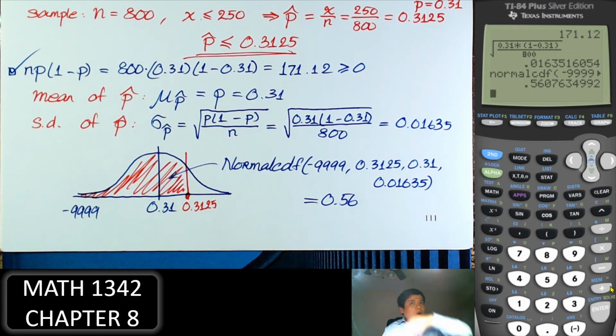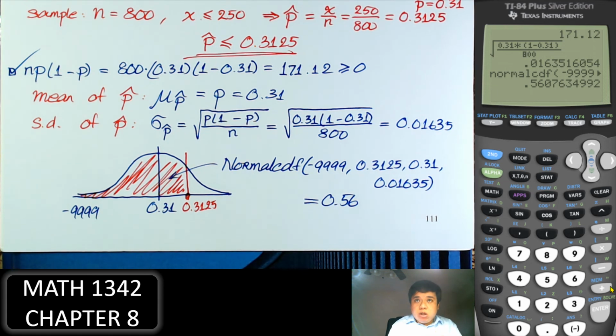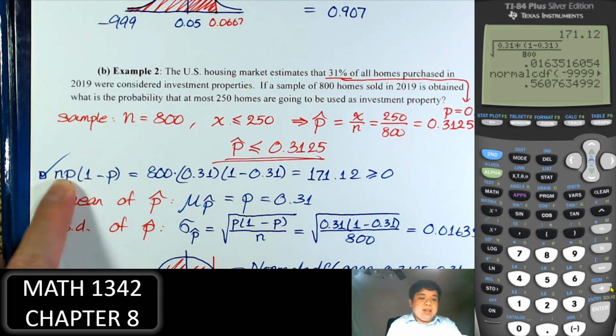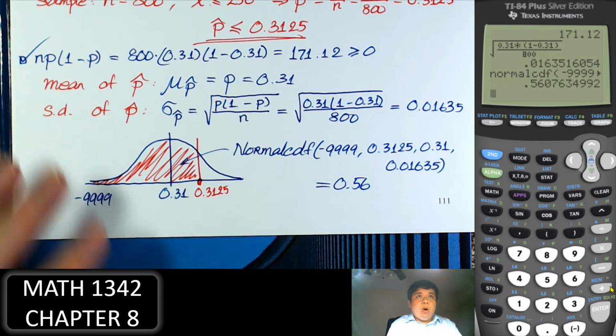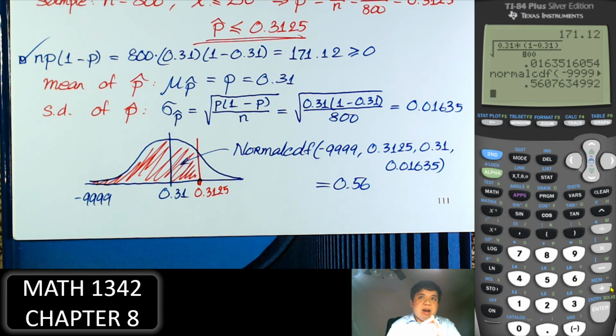Right. So bottom line is this section and the previous section, we're talking about the sample. And the sample, we have the sample mean or sample proportion. Both of them can be done using the same normal distribution with some certain assumption. For this section, the assumption is that np(1-p) has to be greater than or equal to 10, and the sample has to be less than 5% of the population.